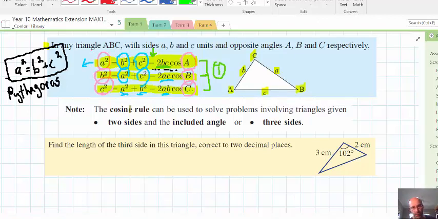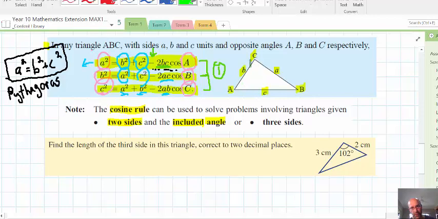When we did the sine rule, we saw that it was useful for solving problems with certain information given. The cosine rule too works best with different information given than the sine rule. So the cosine rule is used when you are given a triangle with two sides that you know the length of and the included angle.